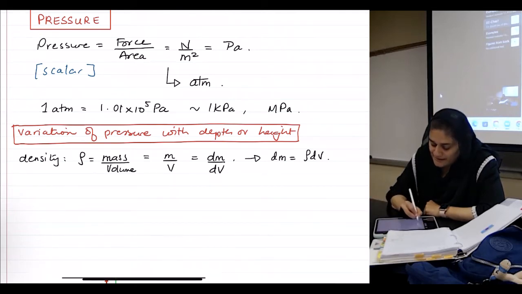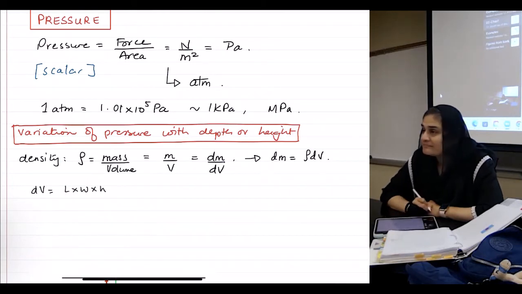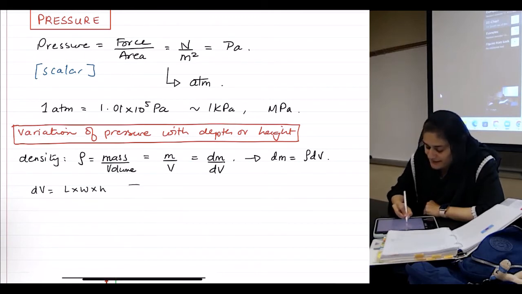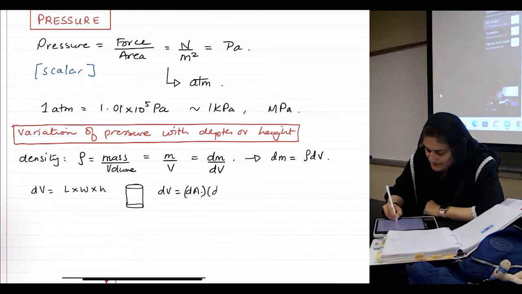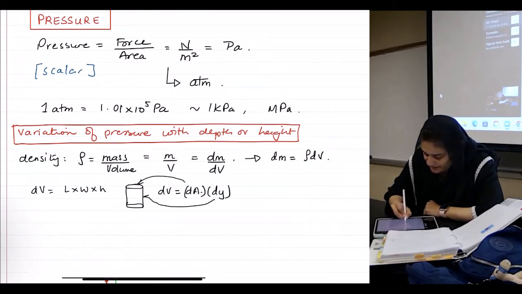Okay. Now, is dV length times width times height? If I have a cylinder, may I write this dV as dA times dy if this is my area and this is my height?